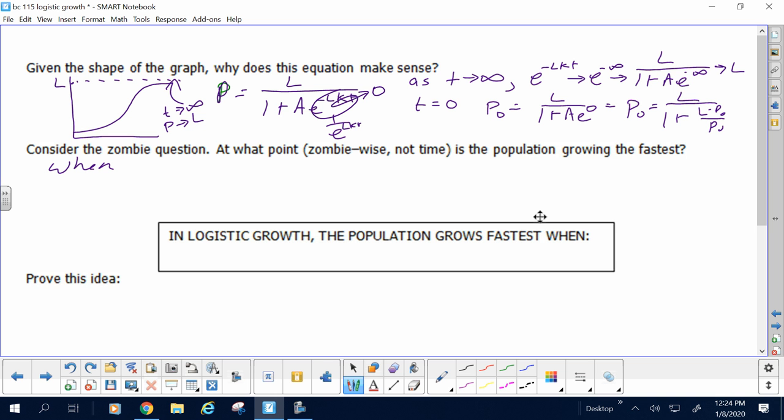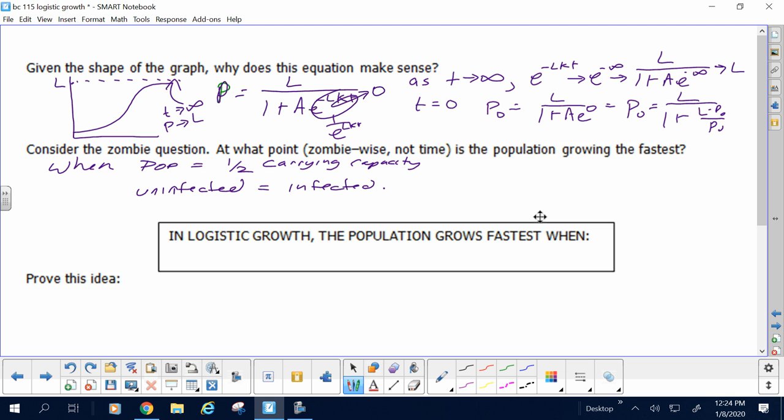So think of it this way: when the population is exactly half of the carrying capacity, then that's a 1-to-1 relationship between infected and uninfected. All right?